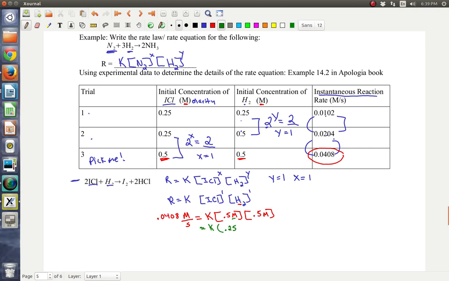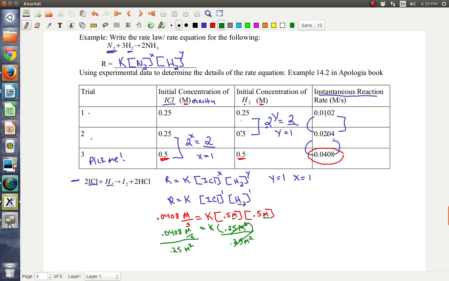Now what is M times M? M squared is equal to 0.0408 molarity per second. Now we just have to divide both sides by 0.25 M squared. Now notice numerator and denominator cancel so that I have the constant, and I just have to divide 0.0408 by 0.25.